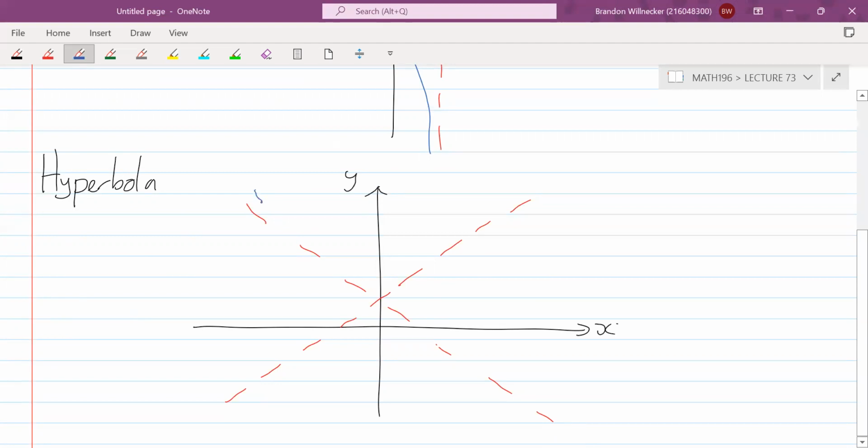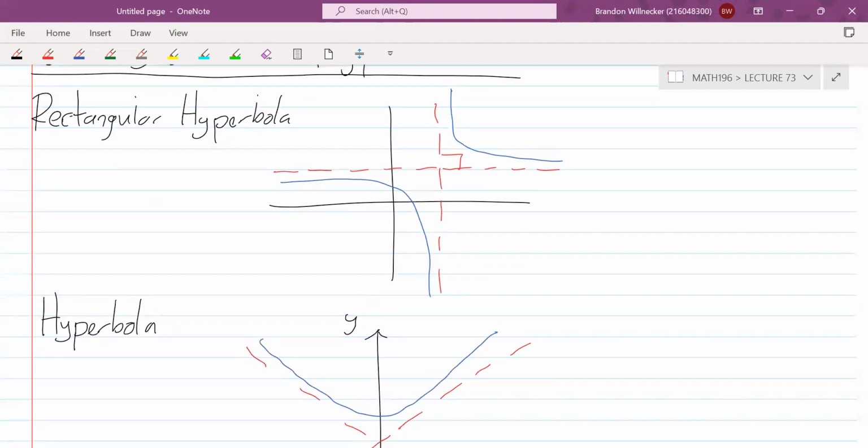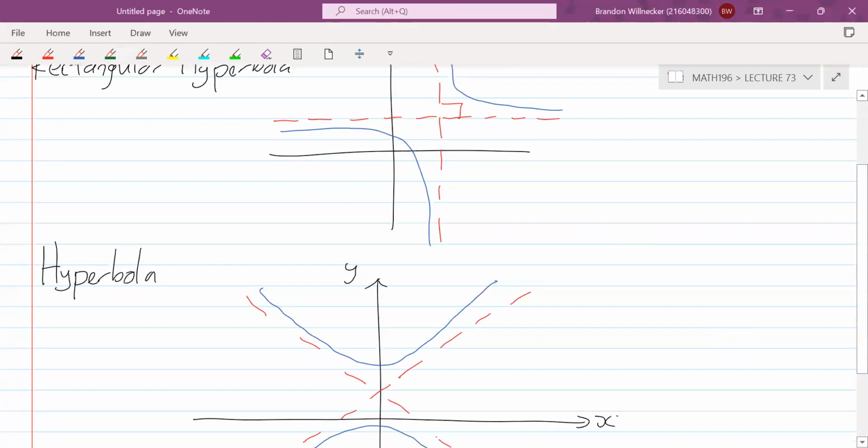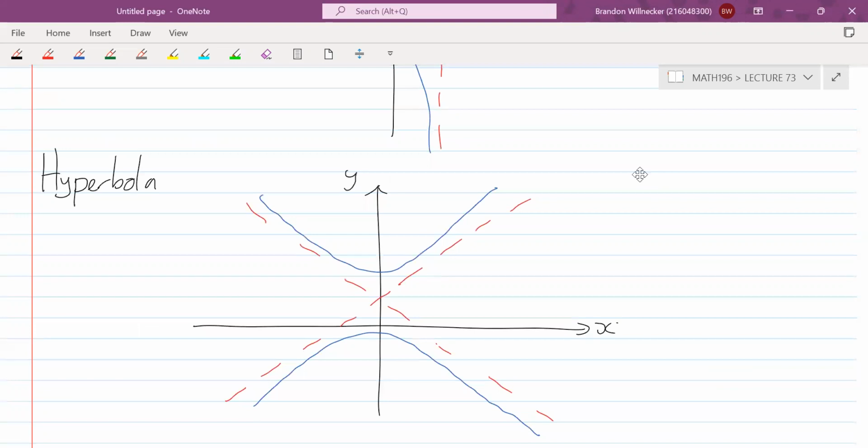So it's going to be something like this, like there, and something like that there. So you see that it's very similar to the rectangular hyperbola we looked at before. But now it's a bit more general because these asymptotes can be at another angle. But everything else is very similar.